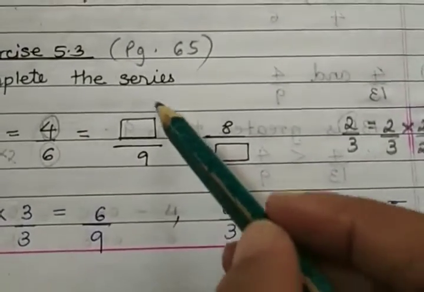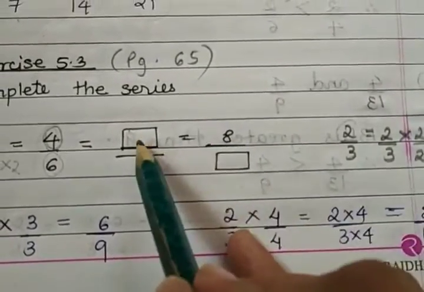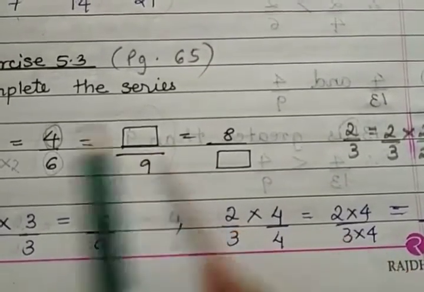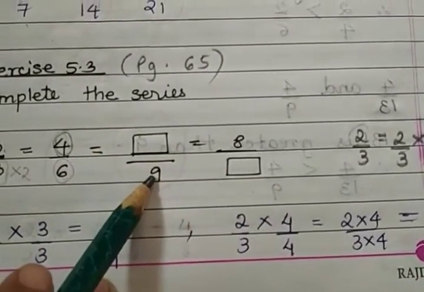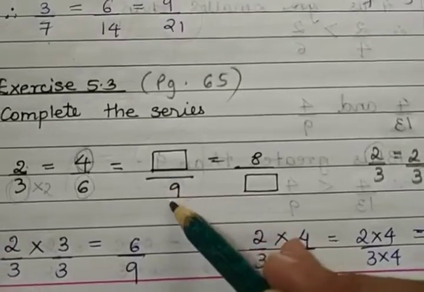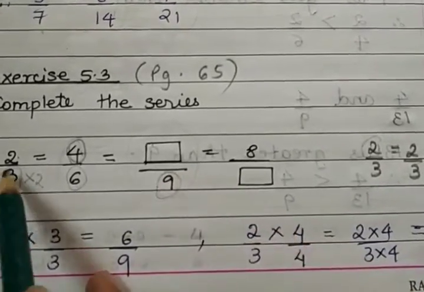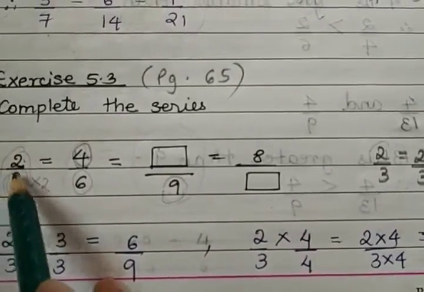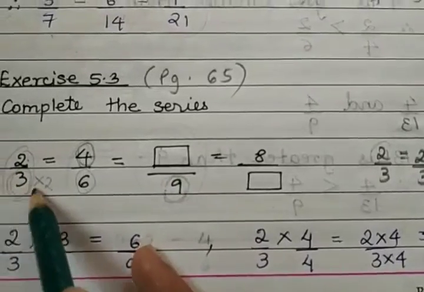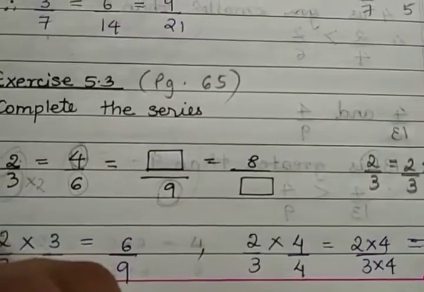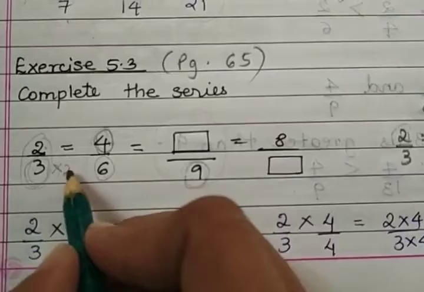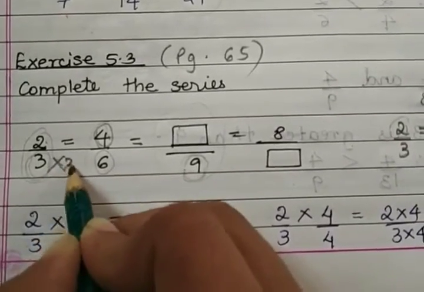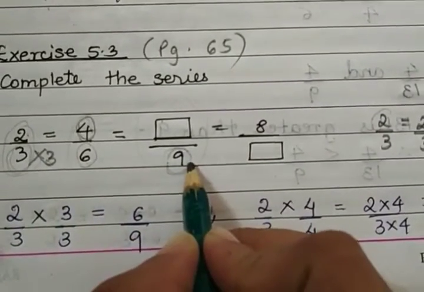So this is how we have got 4 and 6. Now let us look at this. Now we have to find the numerator here. If you look, the denominator is 9. So how can you get 9 from 3 here? When you multiply 3 by 3 in the denominator, you get 9.